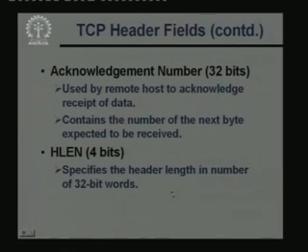Similarly, from the other side, you have a 32-bit acknowledgement number which is sent back. The remote host is using this to acknowledge something. This contains the number of the next byte expected to be received. This means if the sender is sending the TCP segments one after the other, and the receiver has received the packets say up to byte number 1000, the receiver will send back an acknowledgement with the acknowledgement field value as 1001.